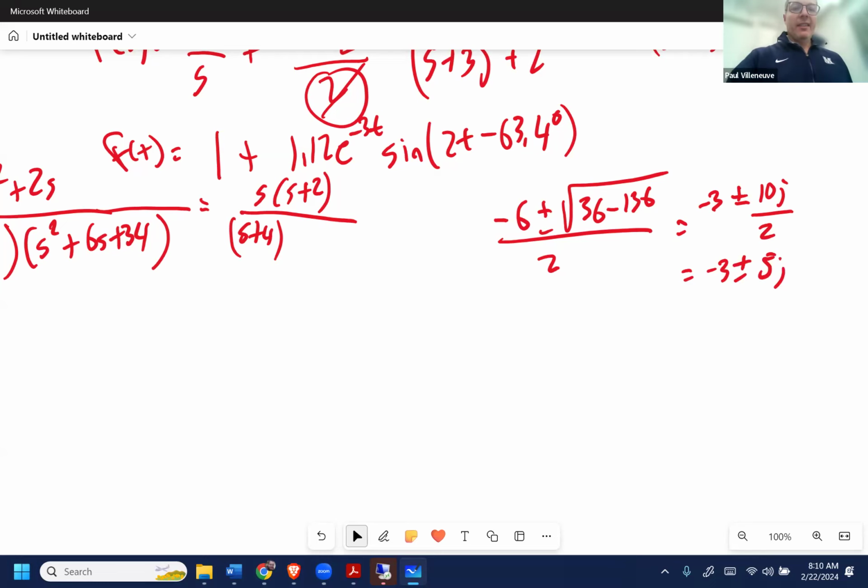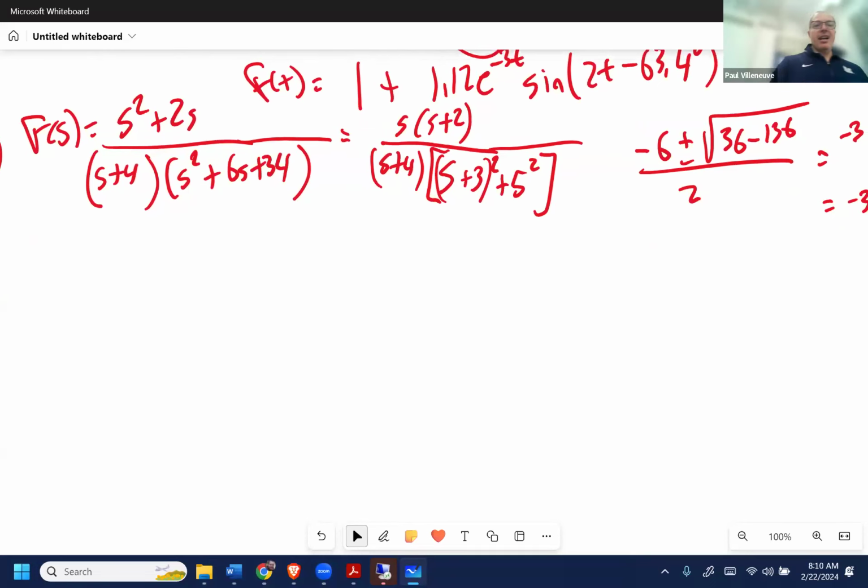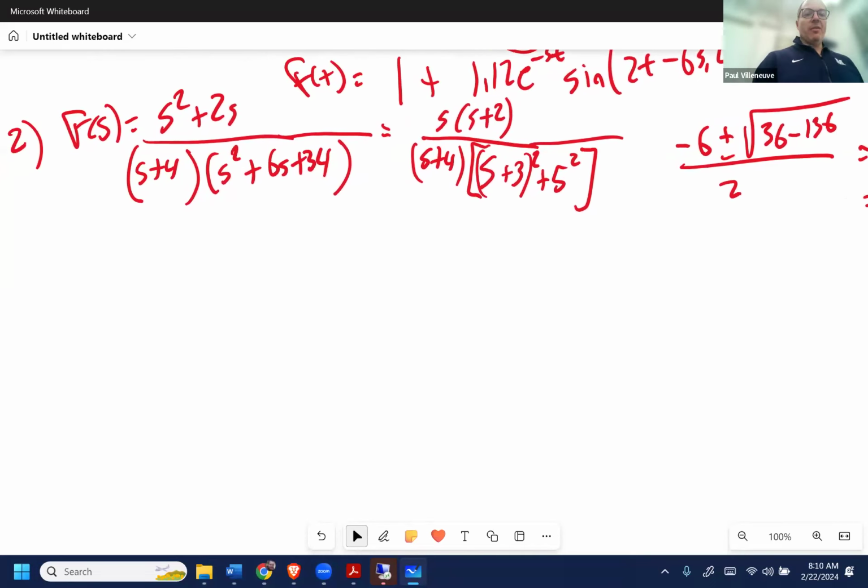Okay. So again, we just use our standard form: s minus the real part, quantity squared, plus the omega part squared. So now I can look directly at this and see what the zeros are, the roots of the numerator.